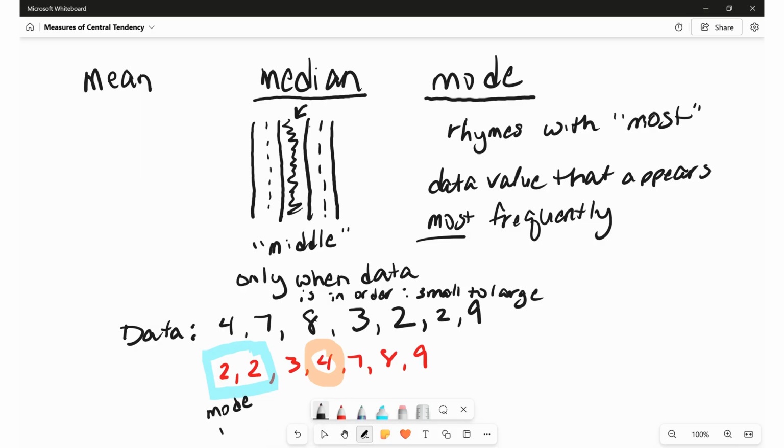So the mode is 2. And this is the median. So that is median and mode. And I did those two first just because median and mode, honestly, are the easiest ones to calculate. It's not that bad.